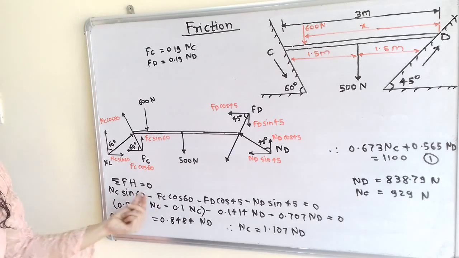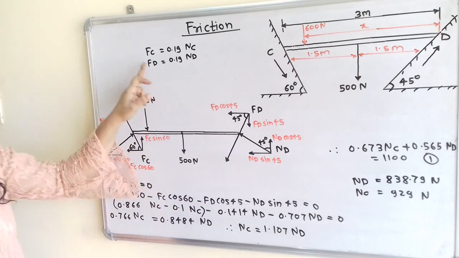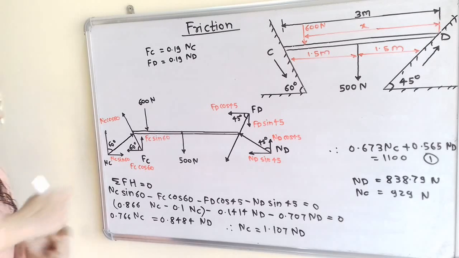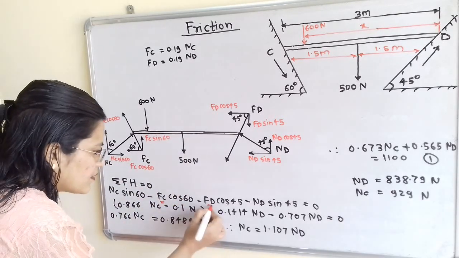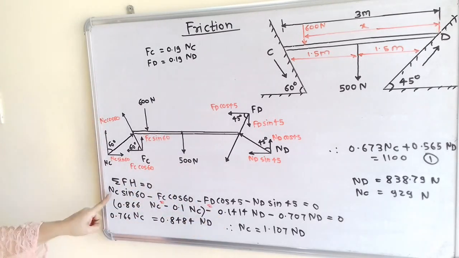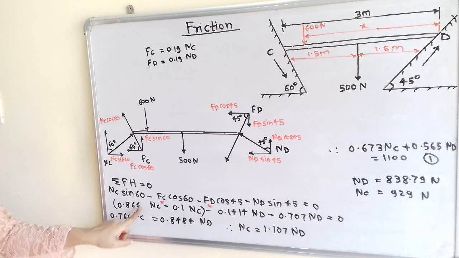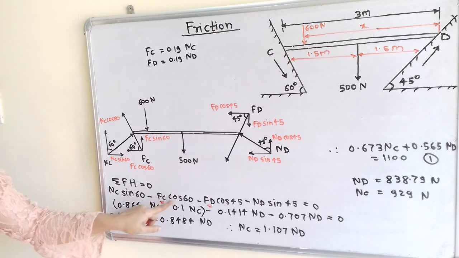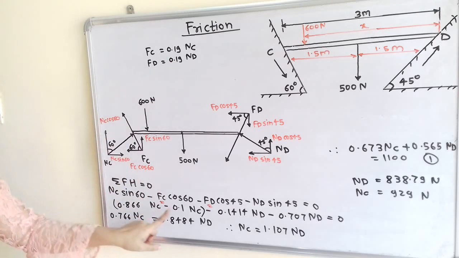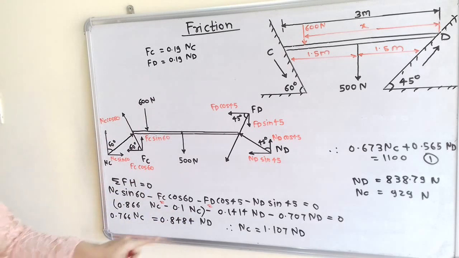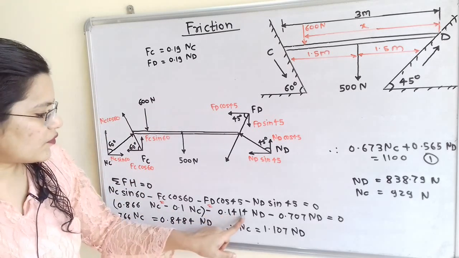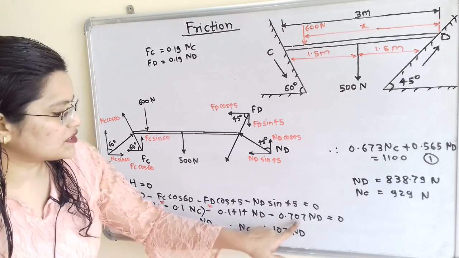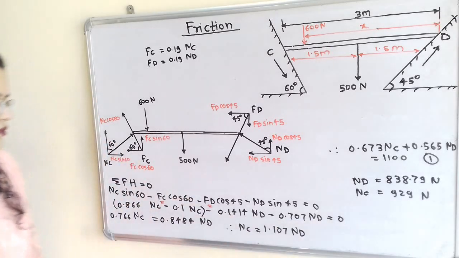Now we will replace FC as well as FD with 0.19 NC and 0.19 ND. So we have to calculate this. So 0.866 NC minus, now this cos 60 multiplied by 0.19, that is 0.1 NC. Here minus 0.1414 ND minus 0.707 ND is equal to 0.